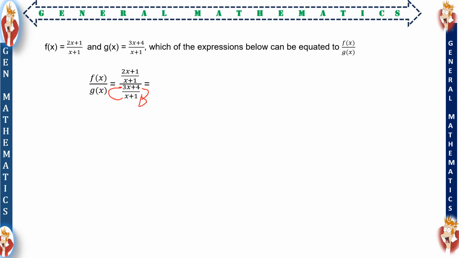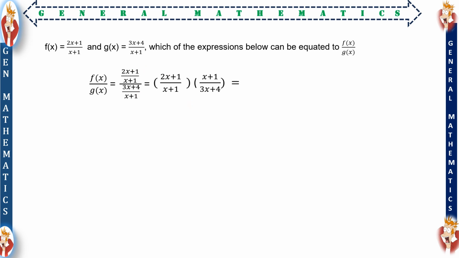Ito mapupunta dyan, yung nasa ilalim naman mapupunta sa baba. Nangyari ay, ito na po sila. So, nung pinagpalit natin sila, ang operation, instead of division, ay naging multiplication. Ito po ay, this form, yung group na ito ay ginawa natin ng reciprocal, then the operation will become multiplication.